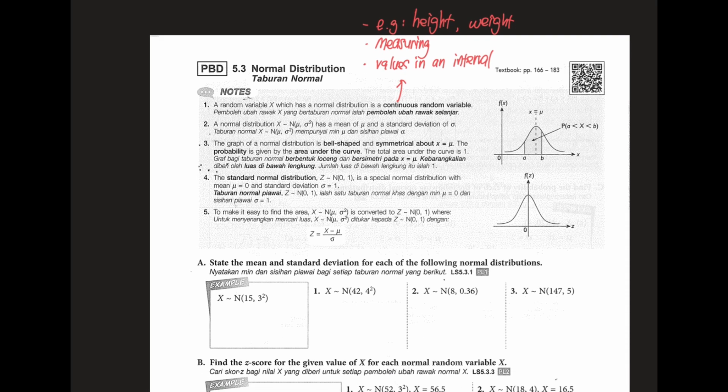So why do we have this kind of graph for normal distribution? Imagine in your class we want to find out the height of the students. Maybe one or two of them are very short, or maybe two of them are very tall, and most of them are just around 160 cm, for example. So the average is around 160 cm.